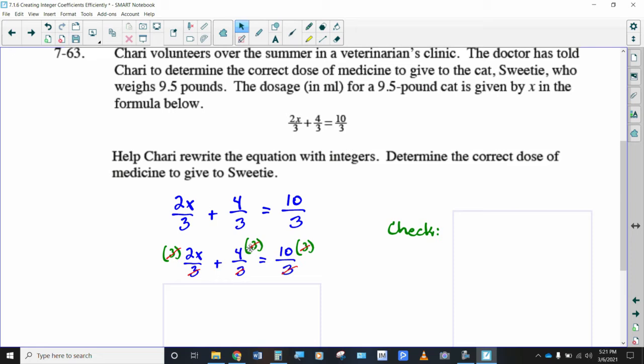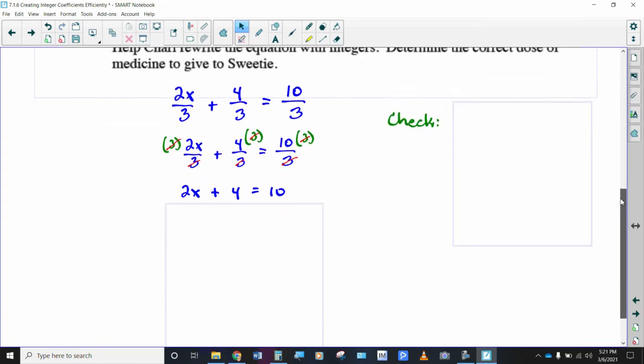This will become 12 over 3, which will become 4. And this will become 30 over 3, which will become 10. So in essence, by multiplying everything times 3, you're able to cancel out the giant ones that are created, the 3 over 3, 3 over 3, and 3 over 3, and rewrite this equation as 2x plus 4 is equal to 10. And now everybody knows how to solve this problem.